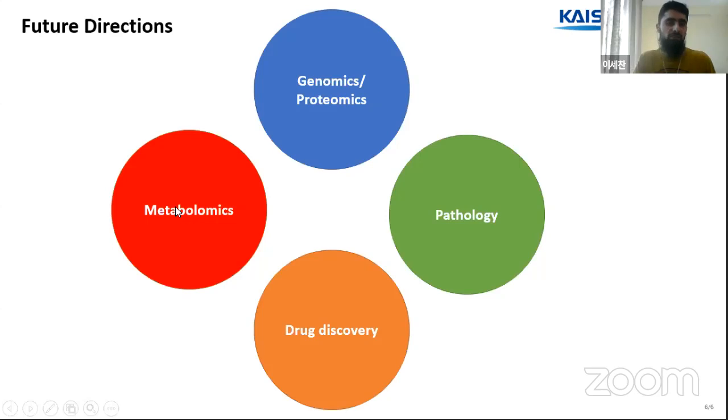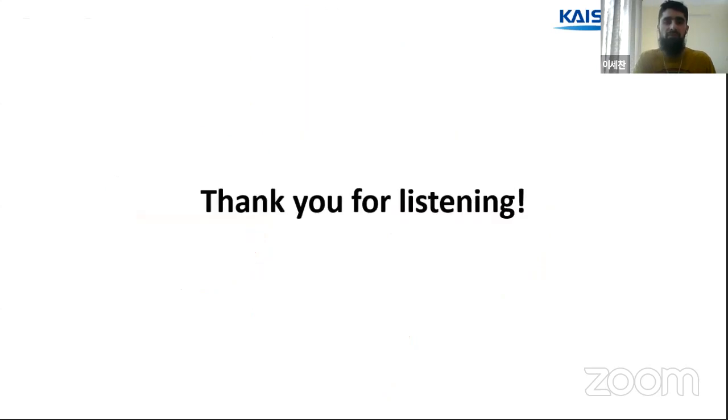And finally, metabolomics, as I already explained, we can study the mechanism of disease through pathway analysis, and most of the time they are metabolic pathways, so we can study them further and apply perturbations, etc. So these are some of the aspects. That concludes my presentation. Thank you for listening.